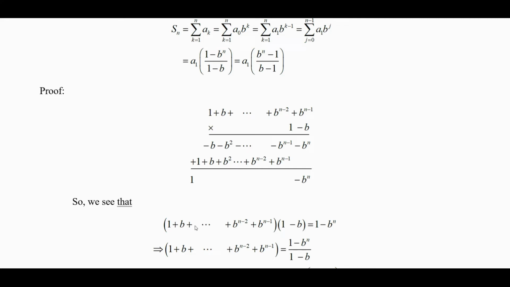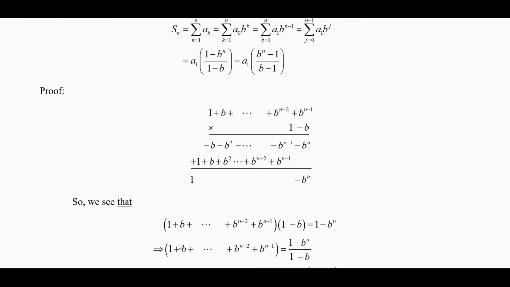Parentheses 1 plus b plus b squared plus b cubed up to b to the n minus 1, close parentheses, times open parentheses 1 minus b close parentheses equals 1 minus b to the n power. Now I'm going to divide both sides by 1 minus b, and I get this here. So this is the sum of an n-term geometric series where the first term is 1. Well, what about a more general one?